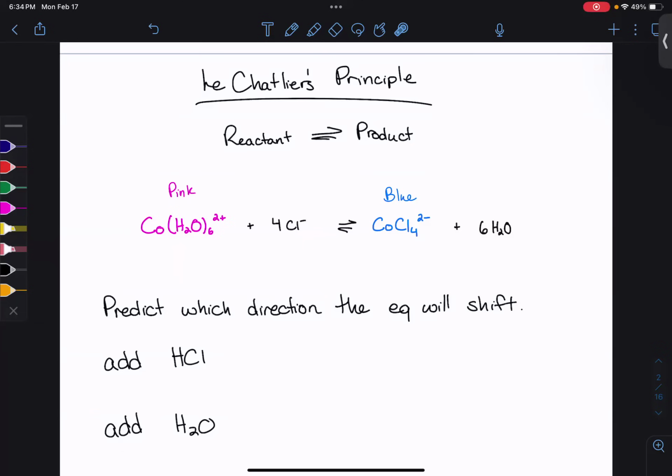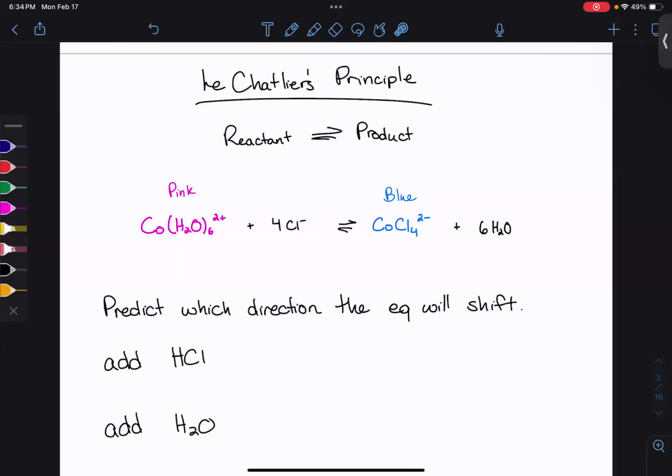That's why they're kind of purpley right now. We're gonna do some different tests on them to see what should happen to the equilibrium. Again, I want to emphasize these test tubes have a mixture of both the pink and the blue stuff in them. So we're going to make some changes and see which compound dominates.